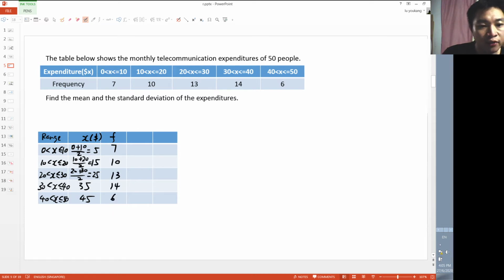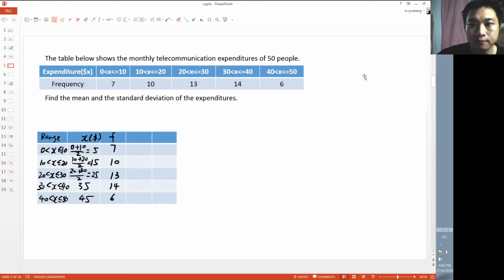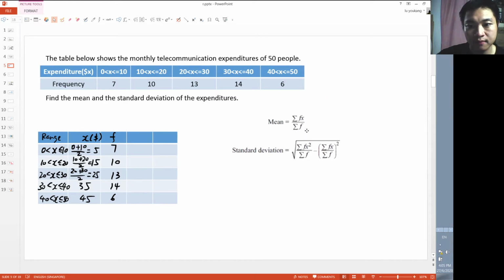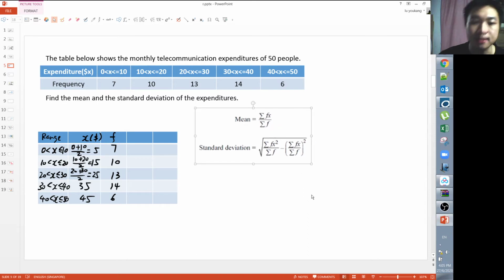Now I'm going to show you the formula given to find the mean and the standard deviation. By the way, this formula is given in your formula booklet or formula sheet, so if you don't want to memorize it, it's alright. Let's look at how you find the mean.